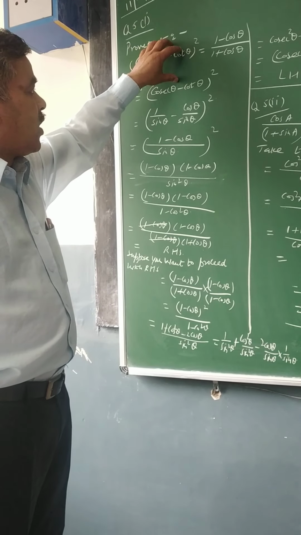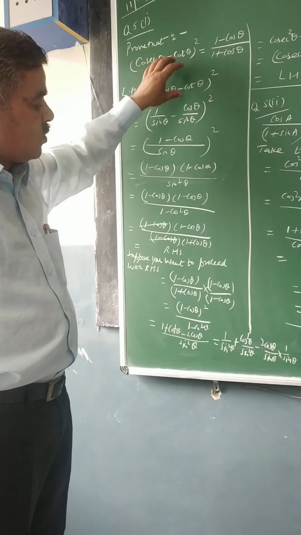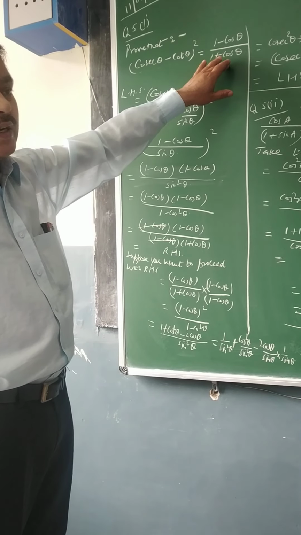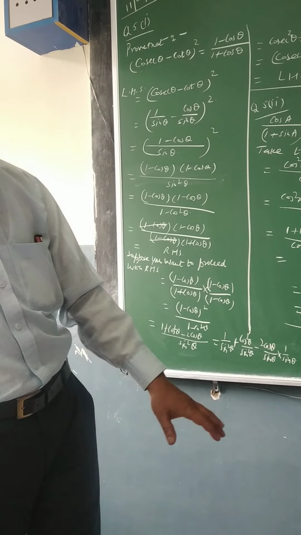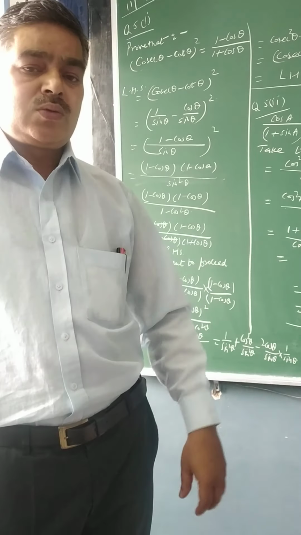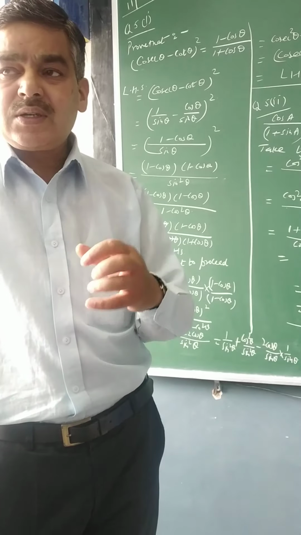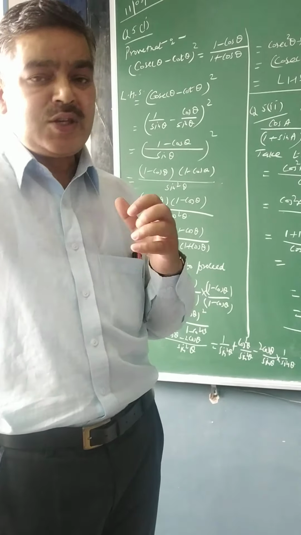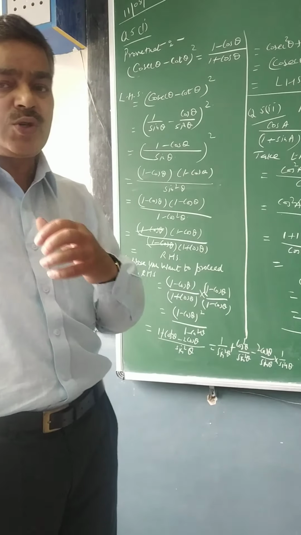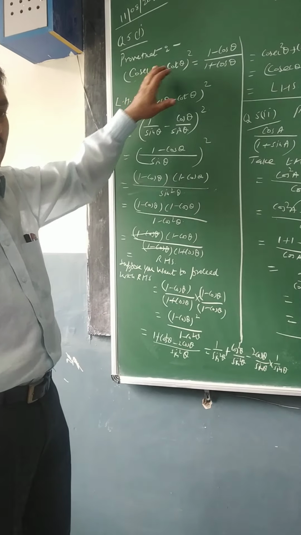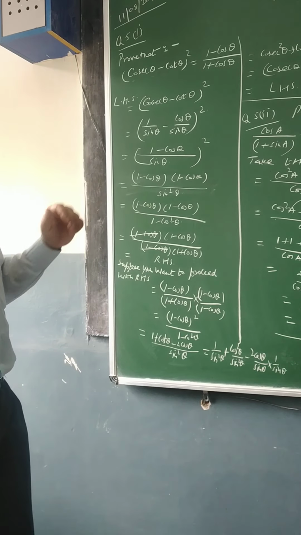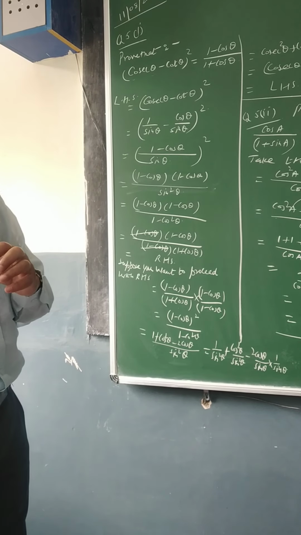If at once you have started with the left hand side, you have to proceed with the left hand side. And if you want to start with the right hand side, you have to proceed with the right hand side only. So what does it mean? Just in the beginning, before starting writing my answer, I need to take the decision that with which side shall I start writing my answer. So that is very important. For that you need to give a second thought.